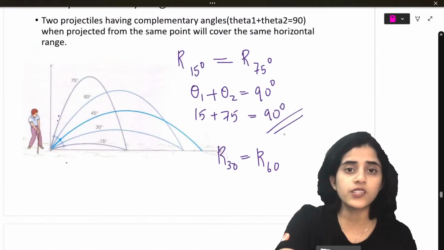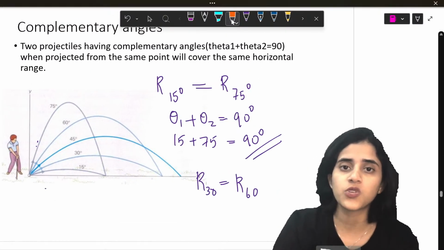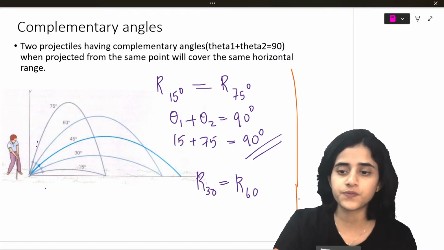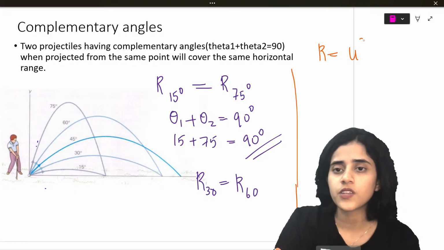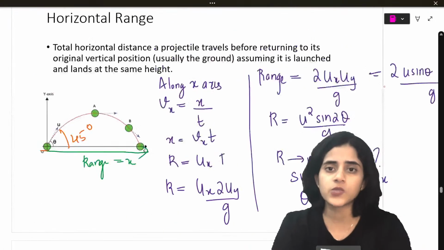Before that, students, here I can prove complementary angles using a simple derivation. It's very easy. We know that the formula for range is u square sine 2 theta by g. Yes, we just derived that.